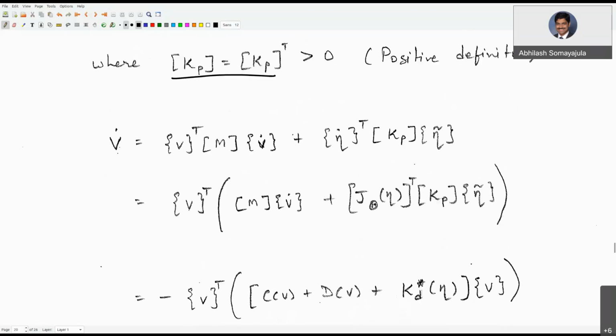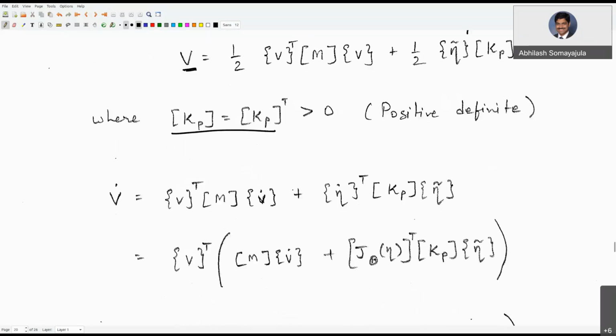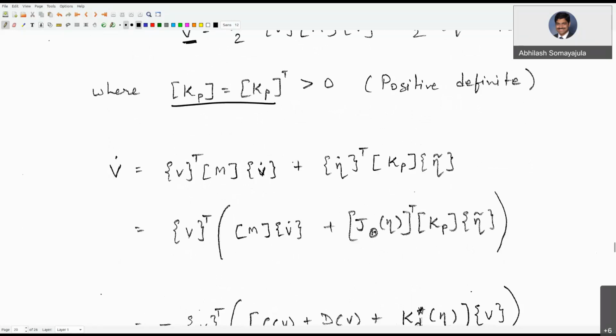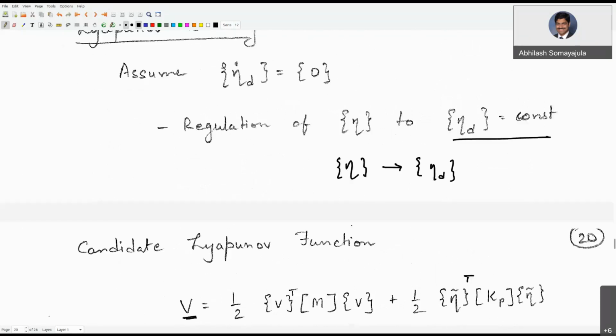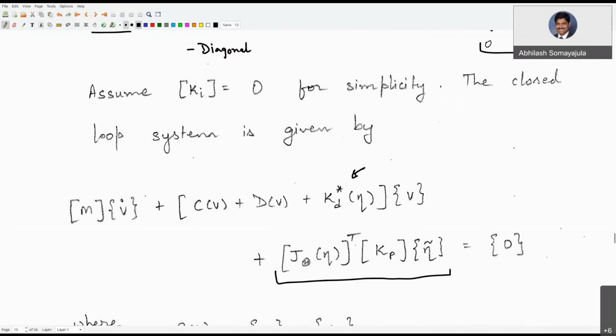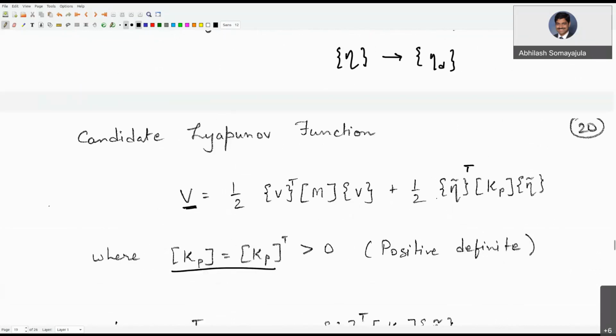By taking the derivative of this Lyapunov function, we observe that we get the form V transpose times something, and this something is seen in our closed loop system dynamics. They are basically the first term and the last term. So I can express the combination of those two as the negative of this term, and we put it back in there.